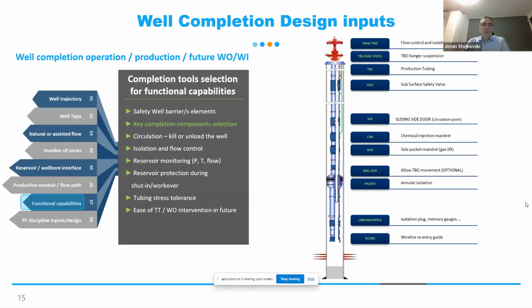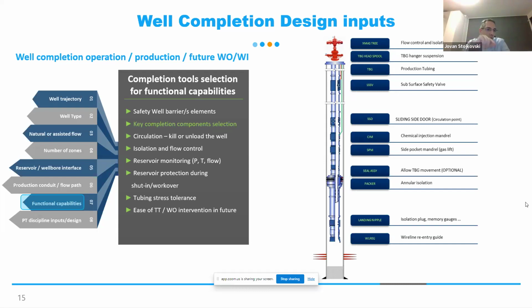In the picture on the right, you can see the basic gas well completion, which contains the tubing, the packer, the subsurface safety valve, sliding side door, chemical injection, side pocket management.